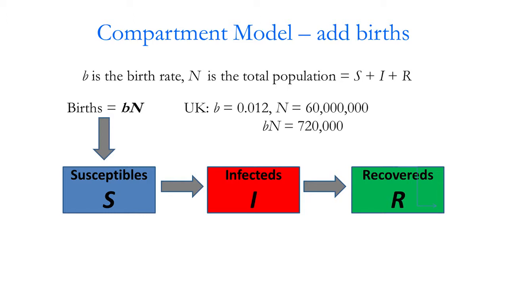So that, for example, in the UK, the birth rate is about 12 per 1,000 per year. So it's 0.012 per person. And if the population we take is approximately 60 million, then that's saying that we're going to have about 720,000 births per year. So that's an input into the susceptible compartment.